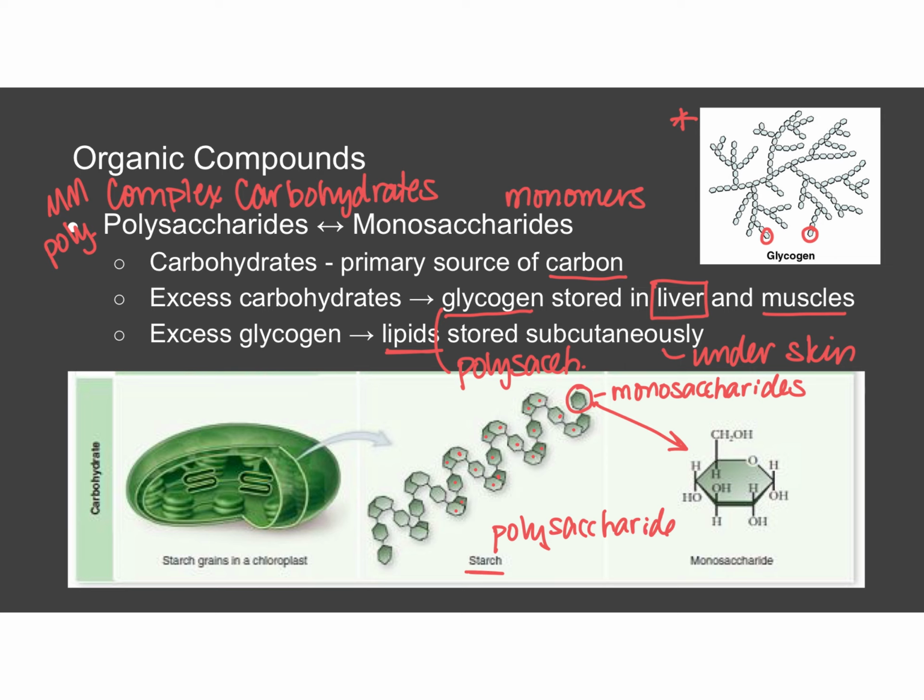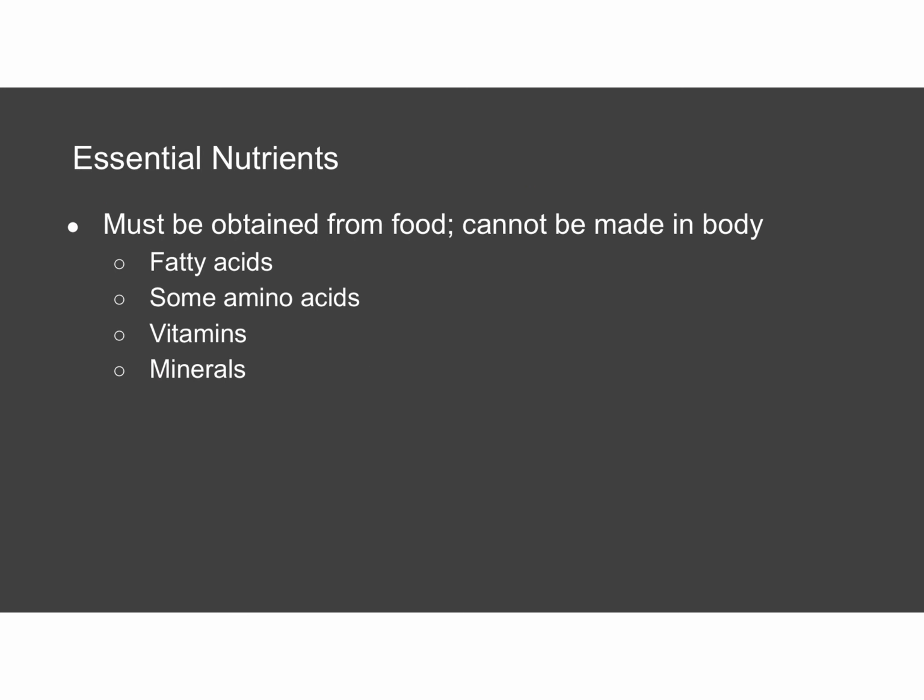So if you eat excess carbs, you can get excess fat because your body converts the carbohydrates, the glycogen, into fat. And remember that fat can store more than twice as much energy per gram than a carbohydrate can. So it's actually more efficient to store it as fat because you get more energy stored per unit of weight.